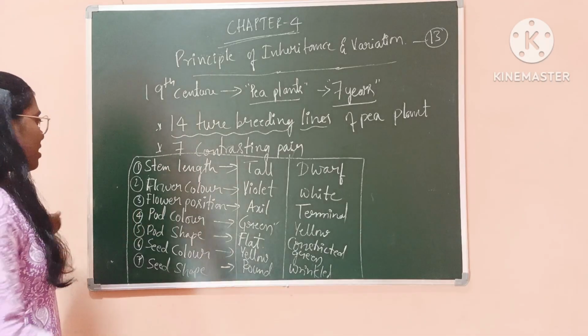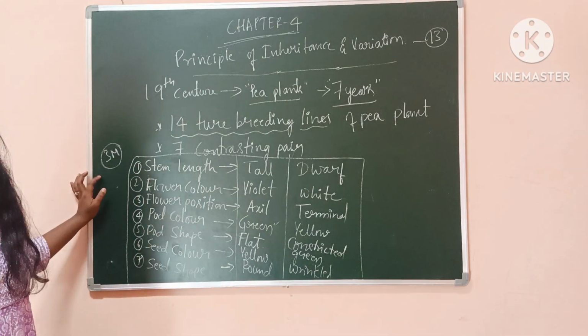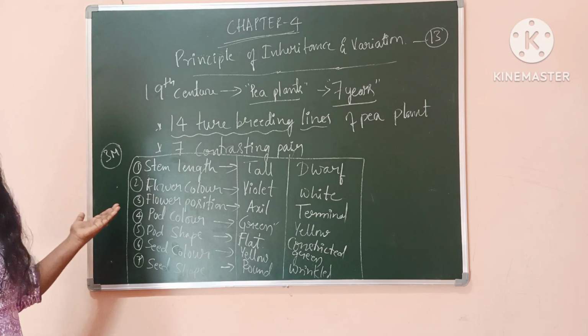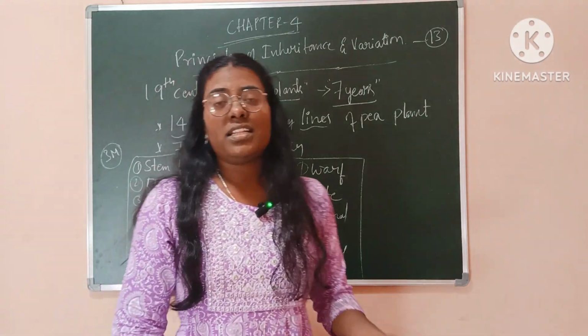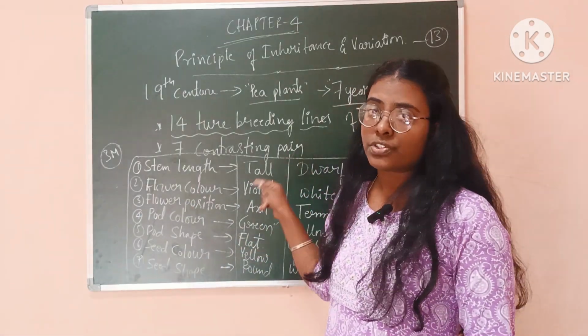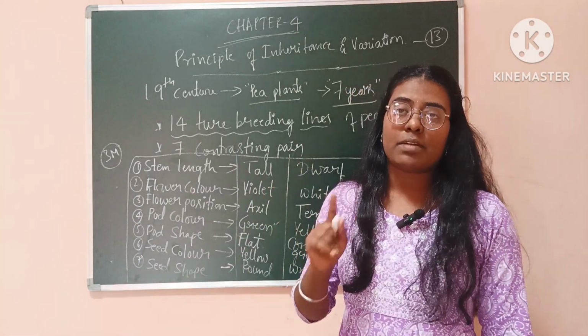These contrasting characters might be asked in your board exam for 3 marks. Don't forget, many students will not study this because it is an introduction topic and they will skip it. But this is a question for 3 marks. They will ask for the contrasting characters selected by Mendel.